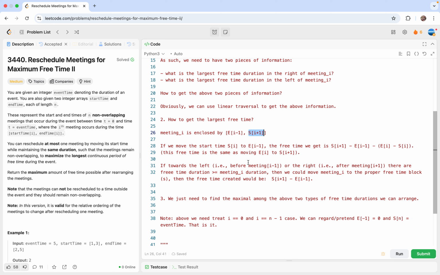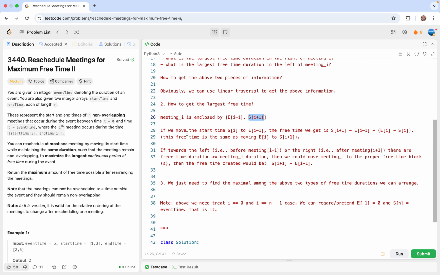If we move the start time S_i to E_{i-1}, the previous meeting ending time, then the free time we get is the duration: the next start time minus the previous end time, that's the overall duration, then minus the meeting duration. This is our rescheduling without changing the order of the meetings. This gives us this free time duration.